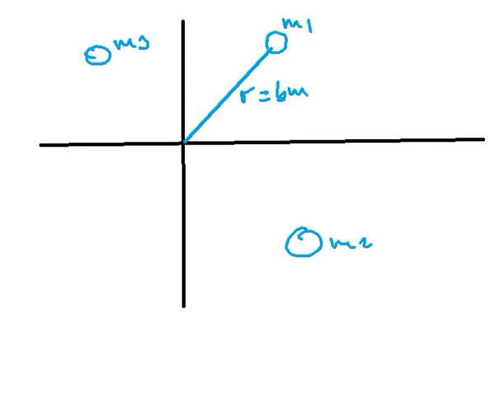and let's say the object 2 is 10 meters from the center, and the object 3 is at some distance r given as 8 meters.